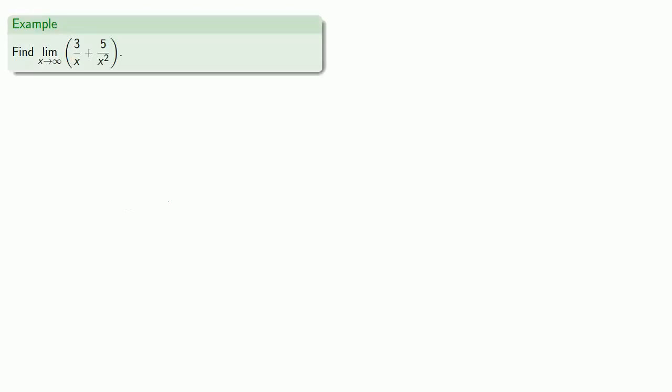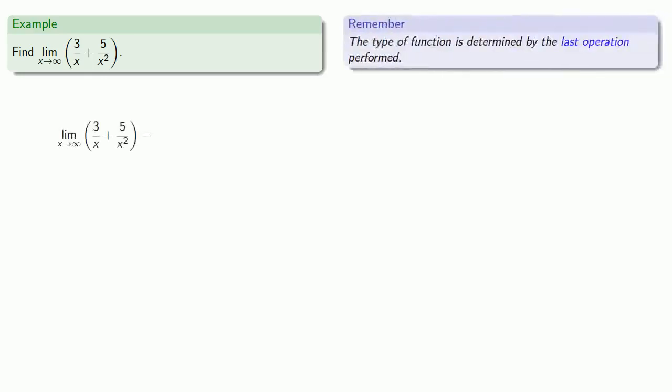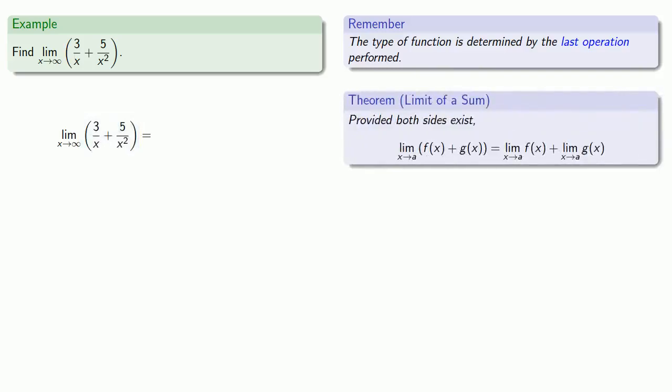For example, let's find this limit. And it will always be useful to determine what type of function this is. So remember, the type of function is determined by the last operation performed. And in this case, we're adding, and so this is a sum. So we can use our theorem about the limit of a sum is the sum of the limits.